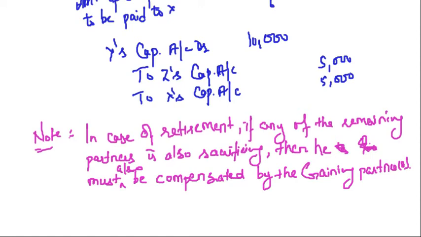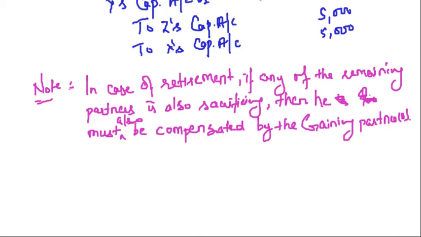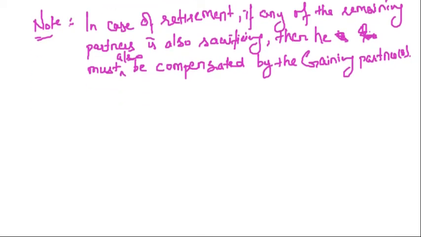Clear? So this was one point, that in case of retirement, if any of the remaining partners is also sacrificing, then he must also be compensated by the gaining partners along with the retiring partner. This was one point why I discussed this question. Right? So I really hope that the concept of goodwill in case of retirement of a partner is clear.